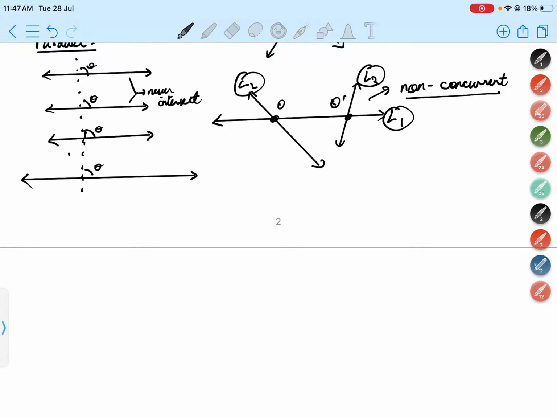These are parallel lines L1, L2, L3, L4, and this is a plane which we are transversing. Let's say this is a line which is acting as a transversal here. Let's say this is P1. So all of these lines will make a similar angle with respect to this line P1, which is a transversal line.